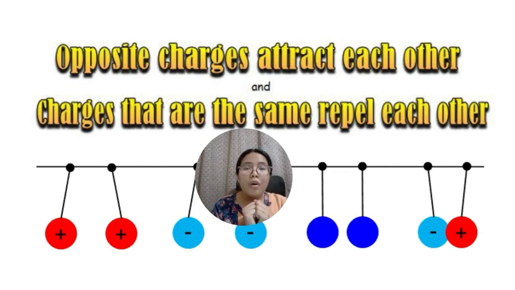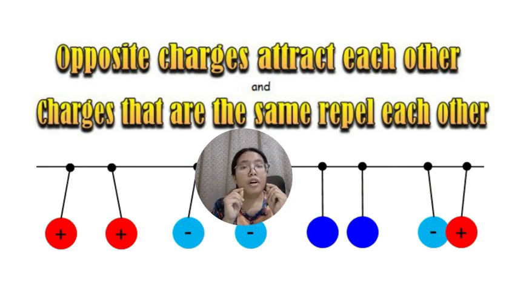Pero kapag pareho ng charge, kunyari, positive at saka positive, ayaw nila sa isa't isa, lumalayo sila, repel. So, attract, repel. Kailangan nyo lang maalala kung ano ibig sabihin ng attract. Attract, parang magnet, nagdidikit. At kapag repel, nasubukan nyo namang magdikit ng magnet na ayaw, kasi pareho sila ng charge.